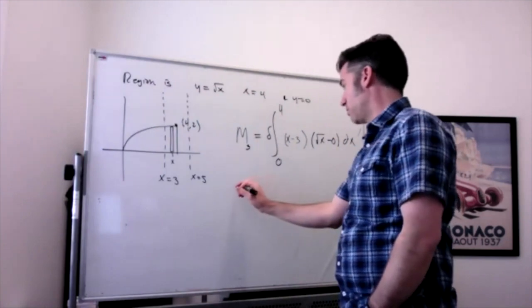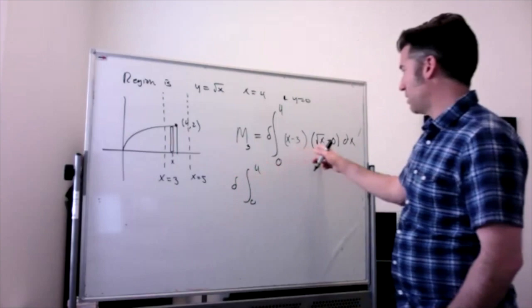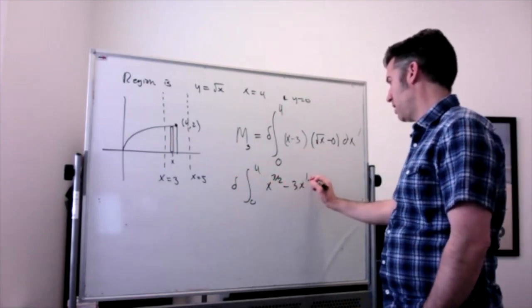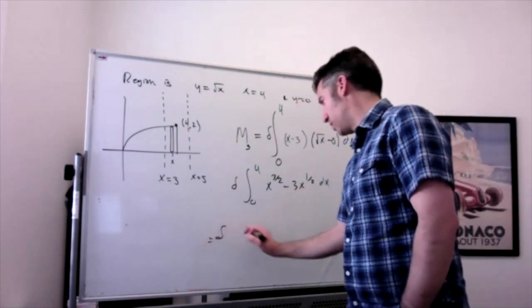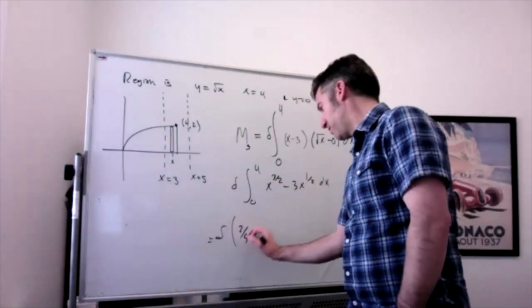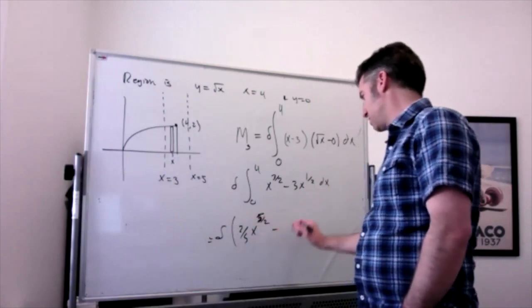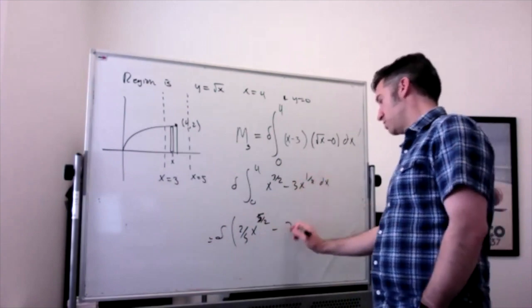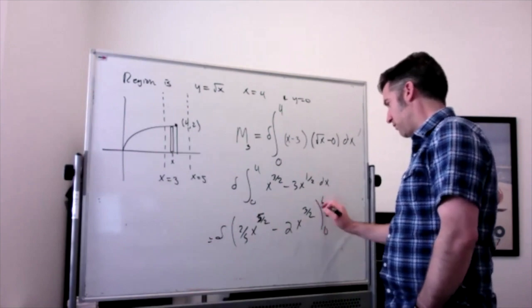Okay. So it's going to be delta times the integral from 0 to 4 of x times root x minus 3 times root x, which is x to the 3 halves minus 3x to the 1 half dx. So we integrate, we get 2/5 x to the 5 halves minus 3 times 2/3, which is 2, x to the 3 halves, from 0 to 4.